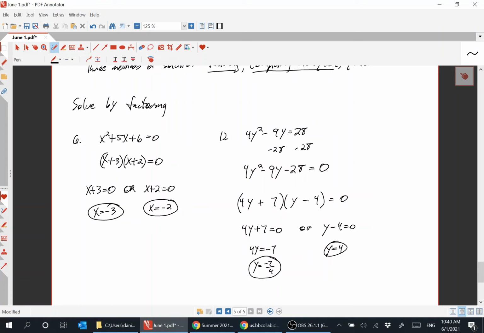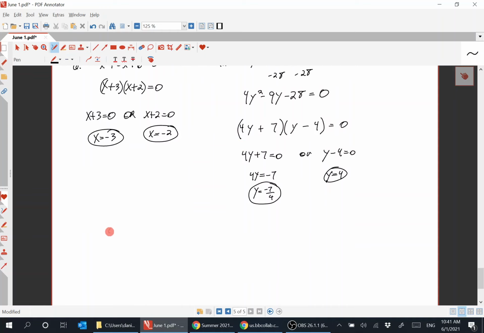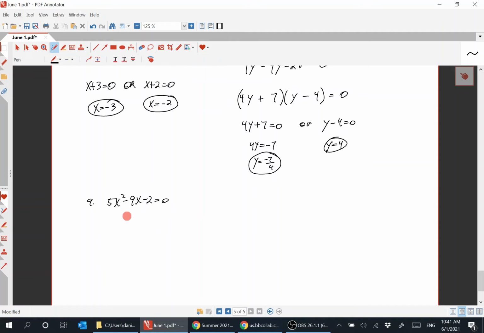So we were supposed to do 6 to 60, every third problem. What about number 9? 9's a little bit easier. Let's do that one. 5x squared minus 9x minus 2. So solve by factoring. Again, you could divide by 5 on both sides, or multiply by 1/5.